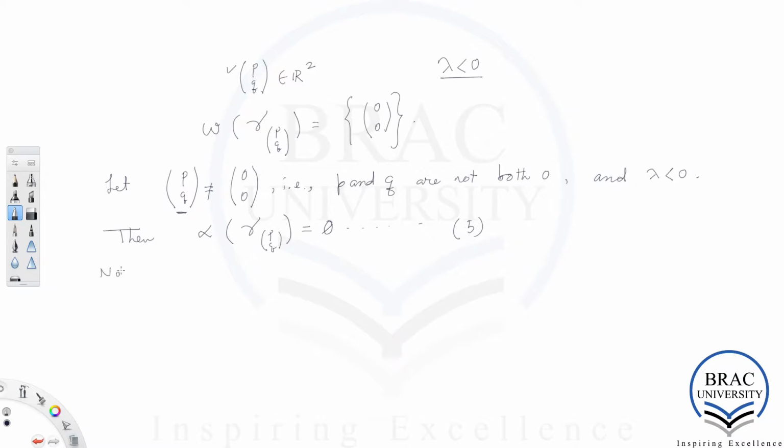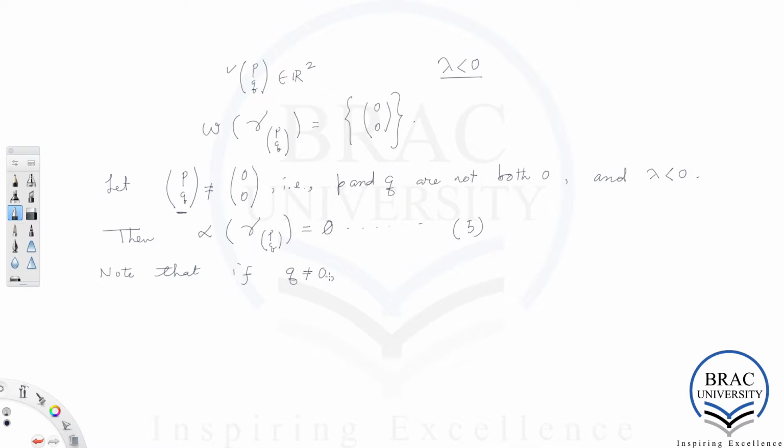Note that if Q is not equal to 0, so we are going to have this vector PQ to be not equal to the vector 0, 0. And one of the ways this can be done is Q is not equal to 0.